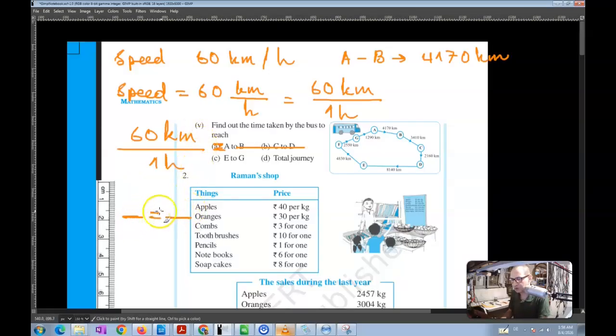And of course, you can use a proportion only for the types of things which are proportional. For example, this situation, as you saw, is a proportional kind of situation. So based on this, you can set up a proportion, okay? The nature of that situation has to be proportional. And then I want to cover this distance, which is 4,170 kilometers.